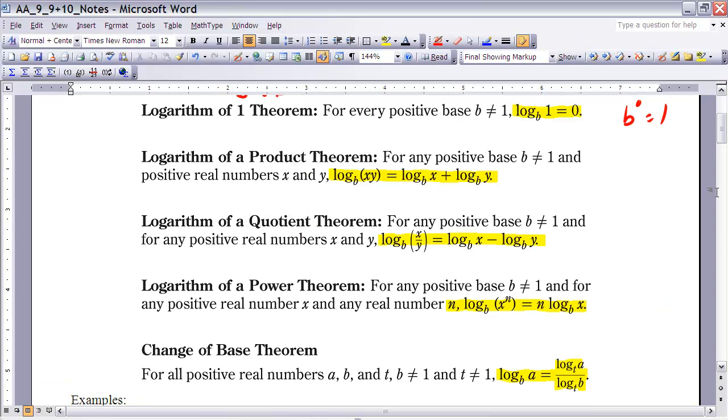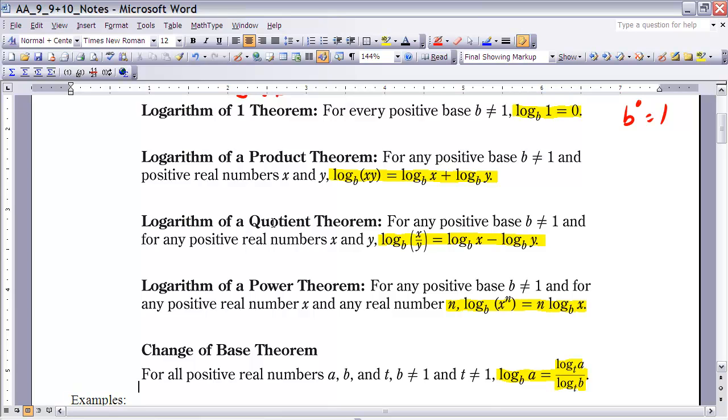Okay, the product theorem and the quotient theorem are very similar to each other. Once again, b cannot be equal to 1, and x and y have to be positive real numbers. That's key, that x and y have to be positive real numbers, and that applies for both the product theorem and the quotient theorem.